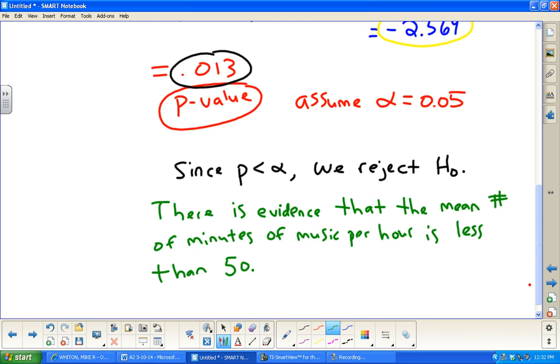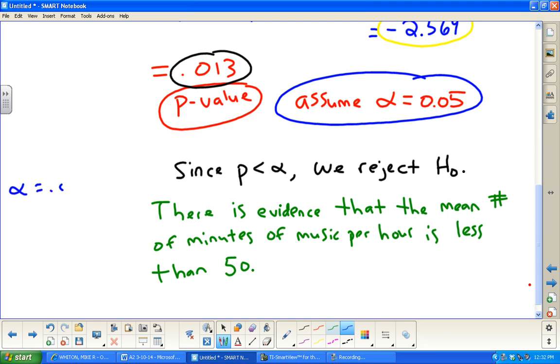Okay, now don't get too caught up in this, because sometimes it depends on what significance level they give you. They gave us 0.05, or they didn't give us, we assumed that. Some problems might say, what if alpha equals 0.01? That's saying they want even stronger evidence. They want you to have a less than 1% chance of getting what you got.